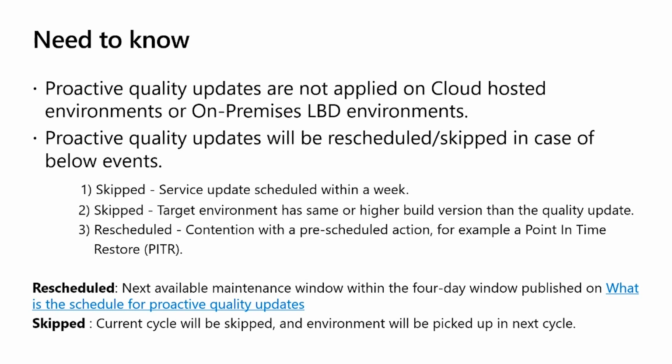So you can still update your environments to mitigate that particular bug. Once we apply proactive quality updates, since your environment already has all the quality updates, we will skip in that case. And definitely if there is a bug which needs to go into the environment quickly, then you can apply them manually.